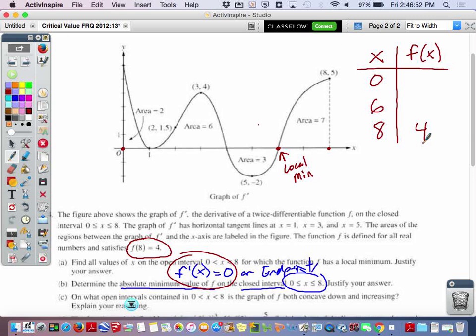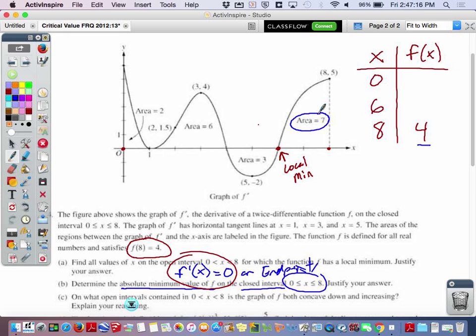Now, to figure out these other ones, we got to think a little bit. It's a little bit of the fundamental theorem of calculus, but I can figure out the function value at 6 because we know the value at 8, and we know that the area under the curve of f prime is 7.